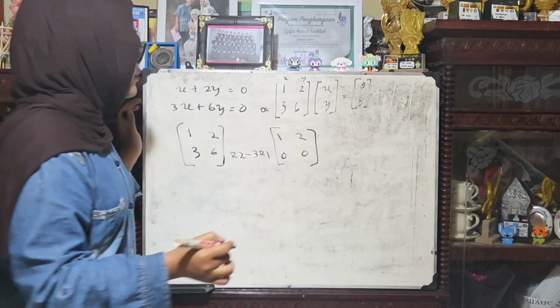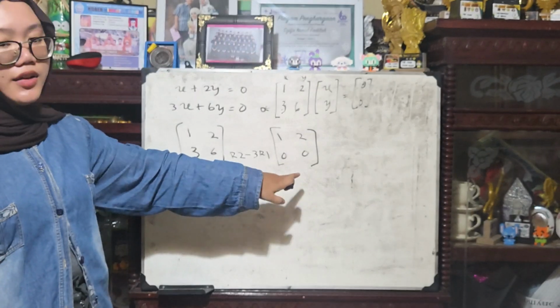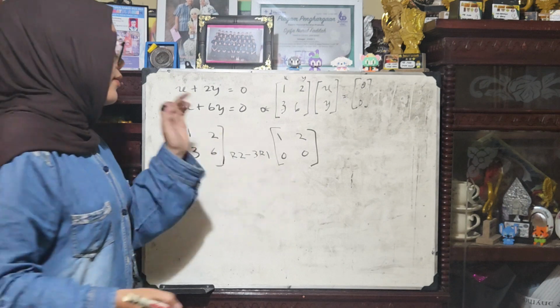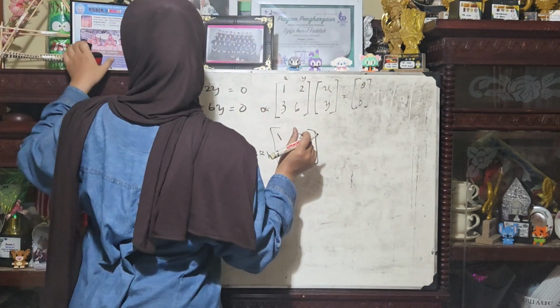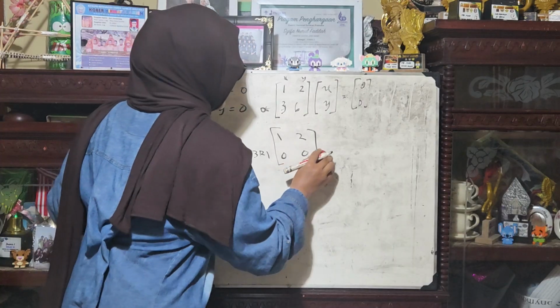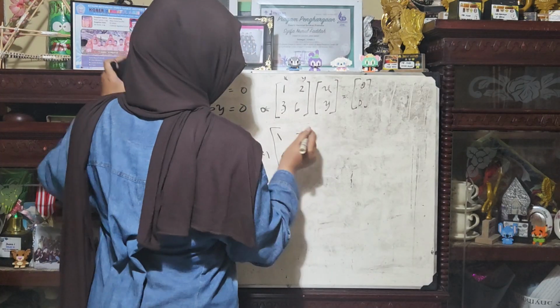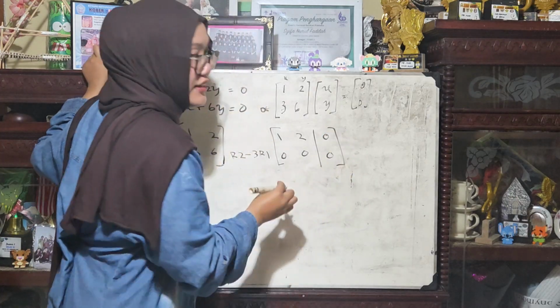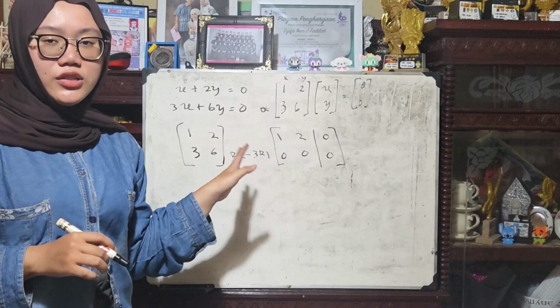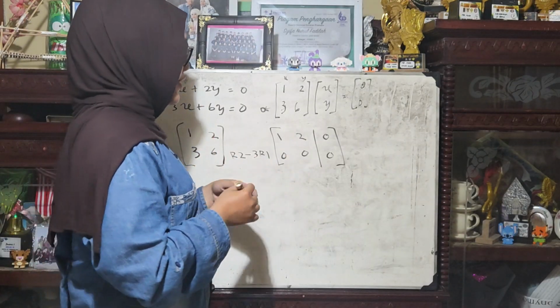There we go. We have the echelon form. And for an easier view, we can make an augmented matrix like this. Just add a line.